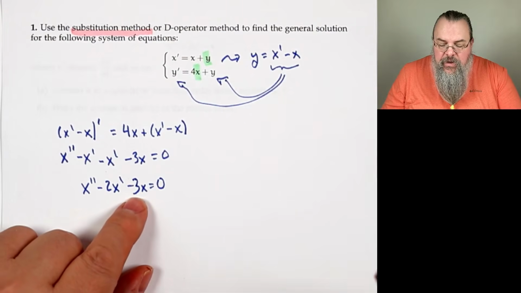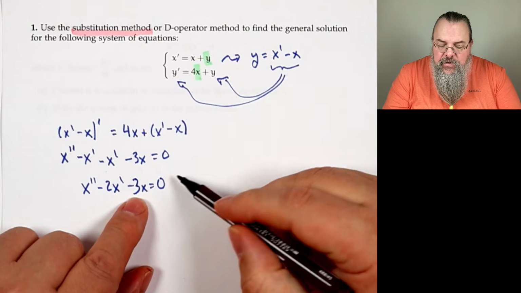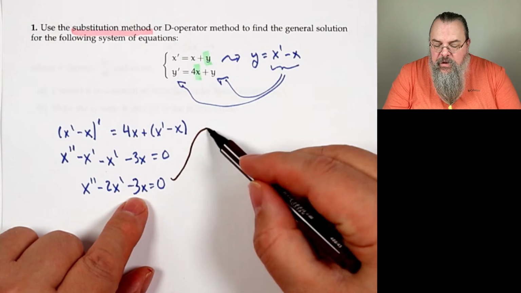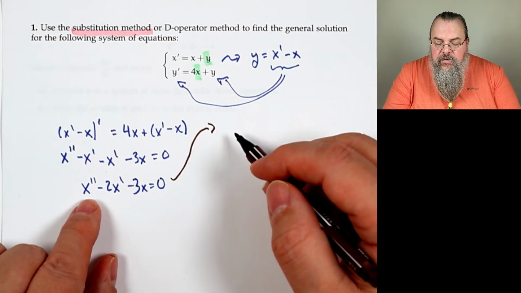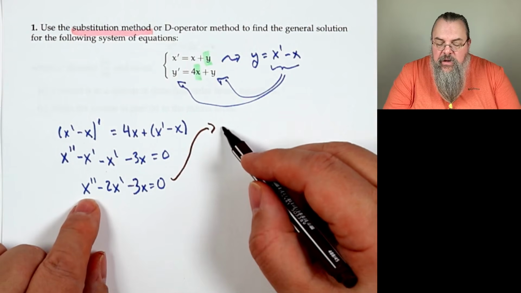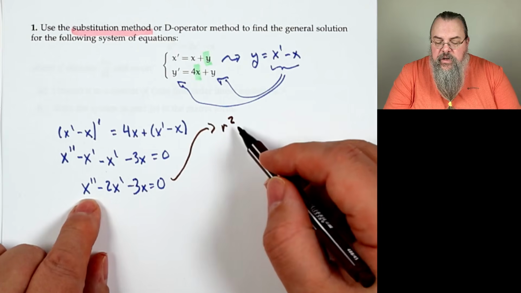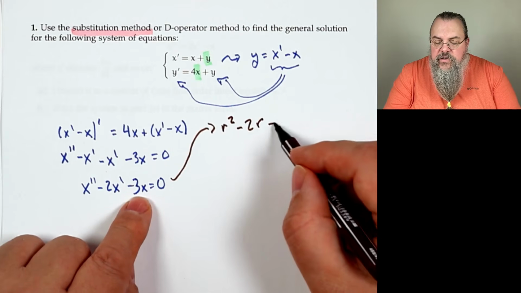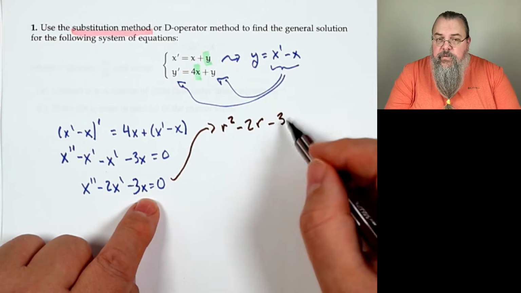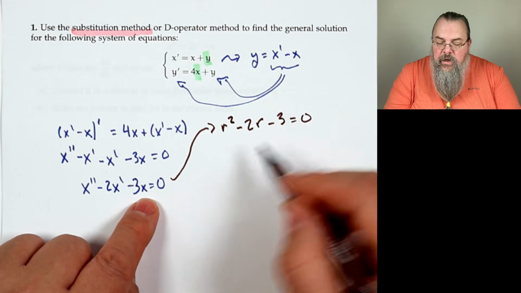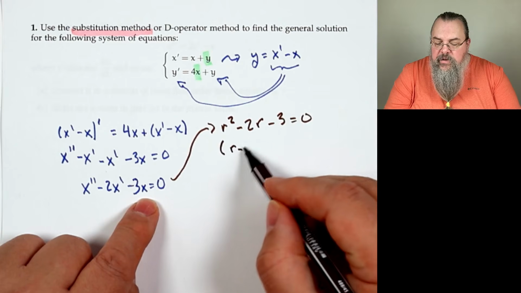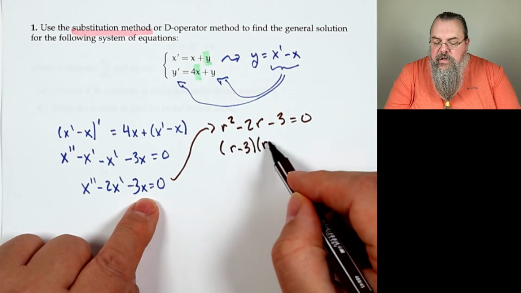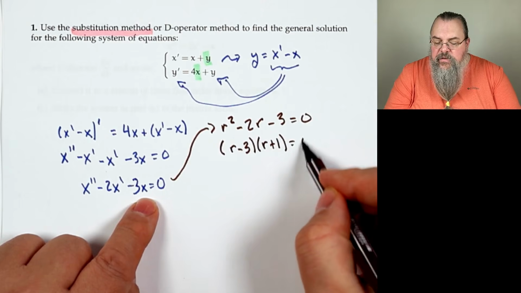So in particular, we say, well, there's a characteristic polynomial, and replace our derivatives with powers. So like r squared, second derivative, minus 2r, first derivative, minus 3. No derivatives, no term. And now we say, well, try to factor.